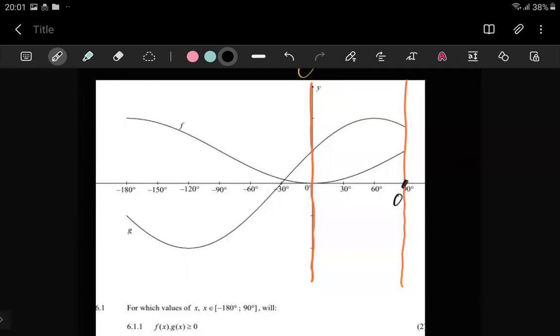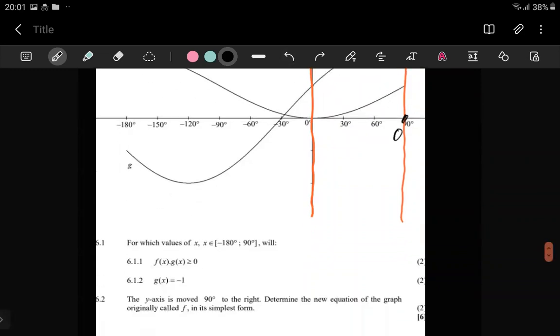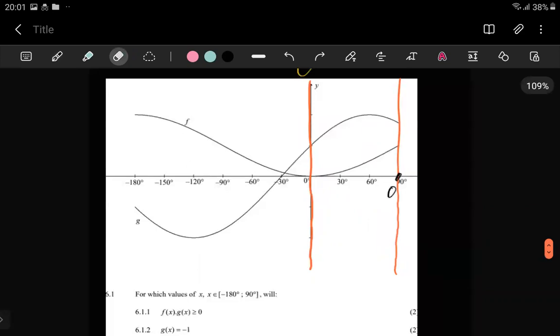So if your y-axis is moved 90 degrees to the right, it is as good as moving your graph 90 degrees to the left, because for you to produce an image that looks like this, your graph would need to move 90 degrees to the left, because the y-axis and the x-axis always have to meet at 0. I know this is one of those questions that you have to look at twice to get the logic behind it.